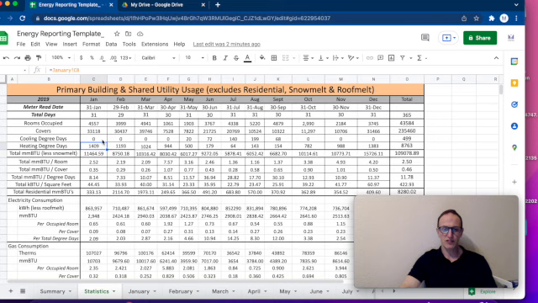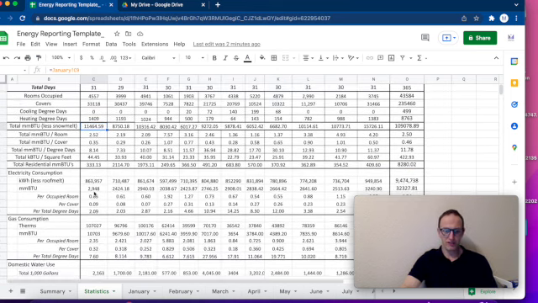Heating degree days, there was a snow melt system on property, which we had to deduct out of this spreadsheet. And then this is where that other information gets populated. Additionally, you can go in here and say, hey, what are our kilowatt hours minus roof melt? And for those of you who are not familiar with colder climates, they have heat tape, which goes on the edge of the roof.